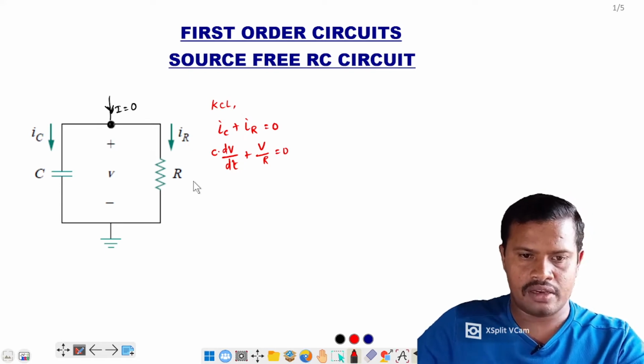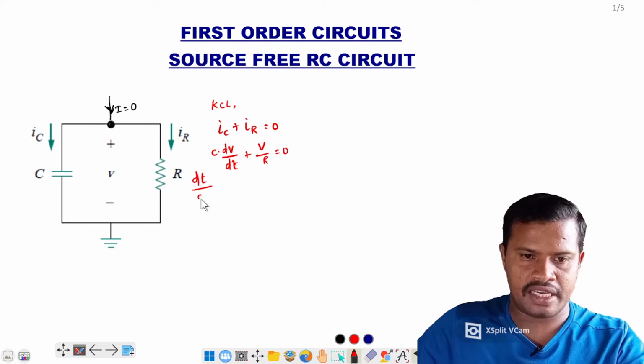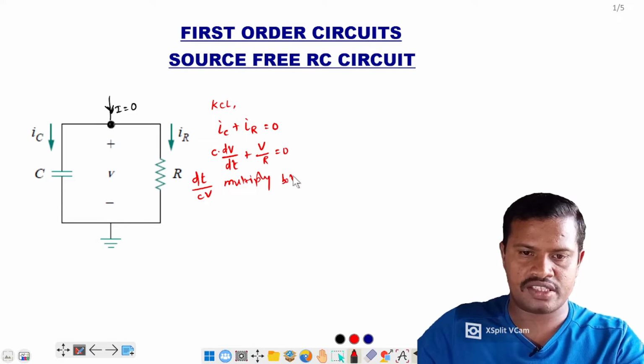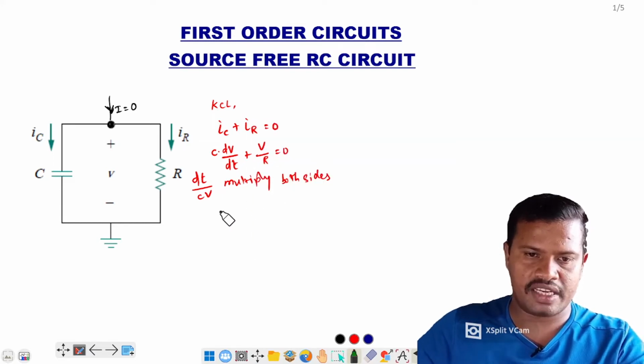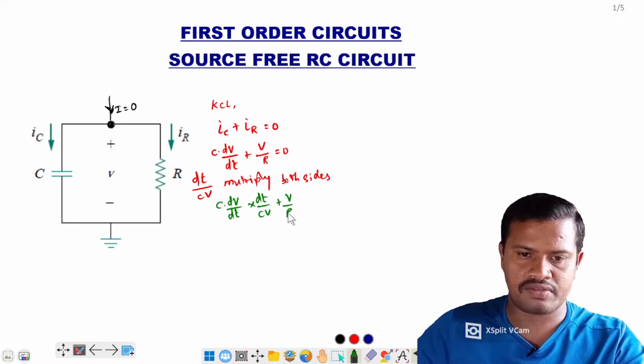For that we will multiply both sides by dt by CV, so the equation becomes C dV by dt into dt by CV plus V by R into dt by CV is equal to 0.